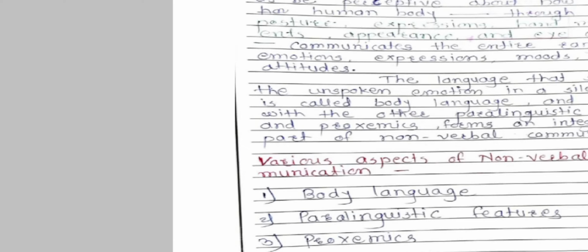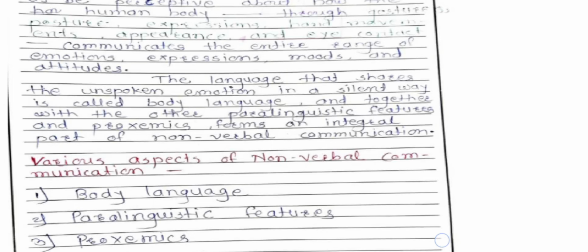So first, as we prepare ourselves for a professional career, let us take a perspective on the human body. Through gesture, posture, expressions, body movement, appearance and eye contact, we communicate the entire range of emotions, expressions, moods and attitudes.